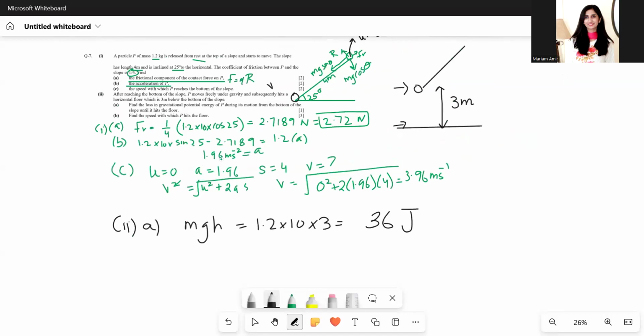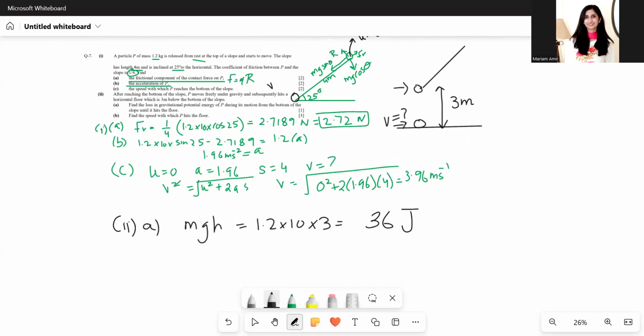Okay, next part is find the speed with which P hits the ground. How will we find the speed here? Yes, exactly.